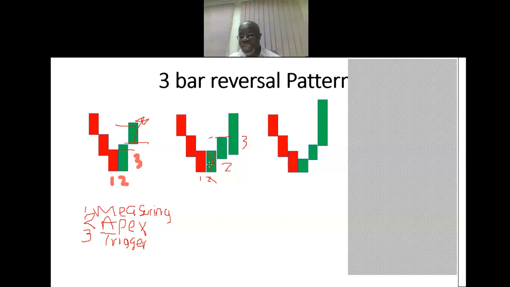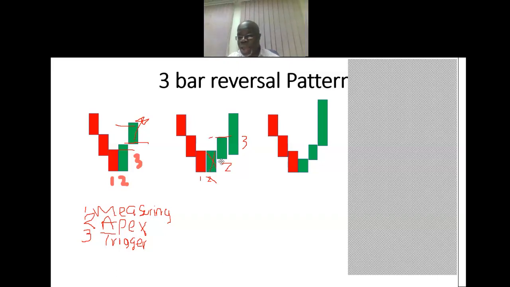So the fact that this is here and it's reversing long, and the same size as the measuring candle, you ignore it, you don't count it. So then you only have 1, 2, and 3. Your entry is actually at the end of the second candle.